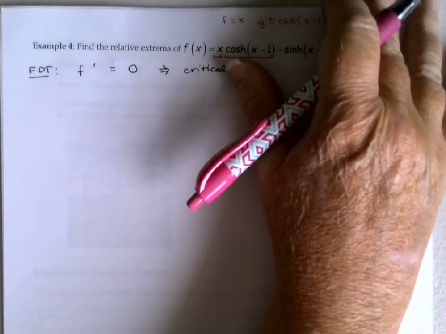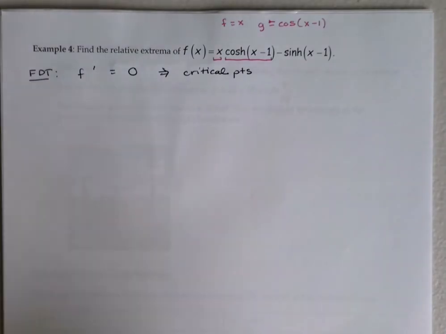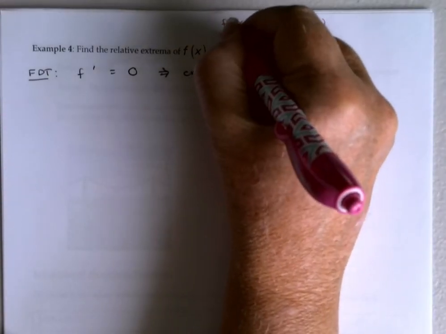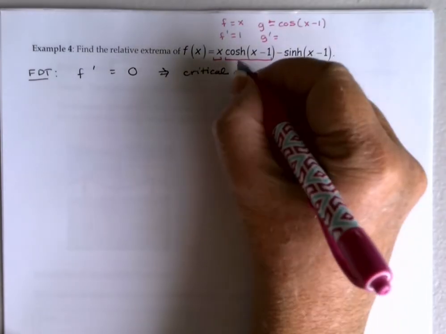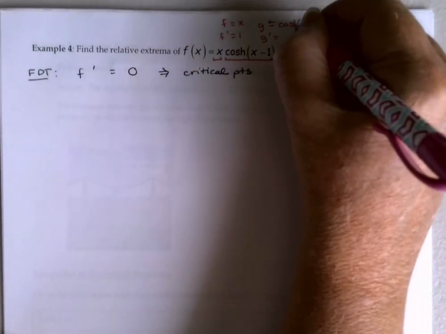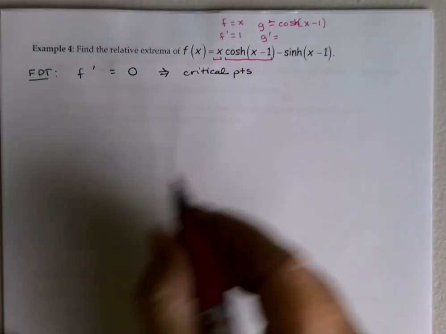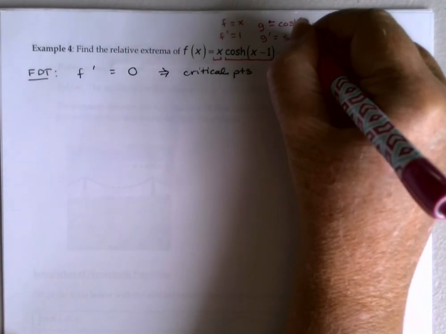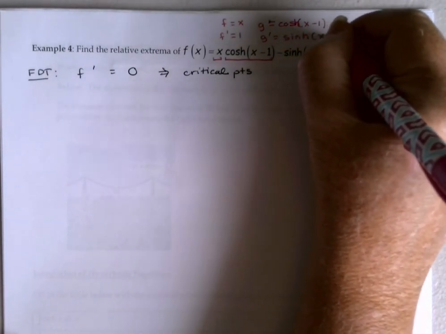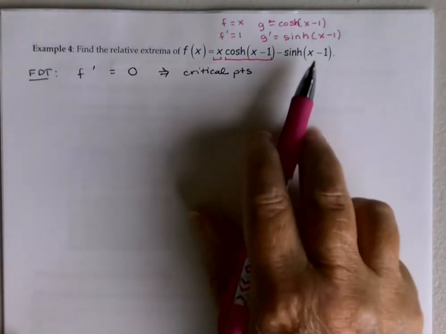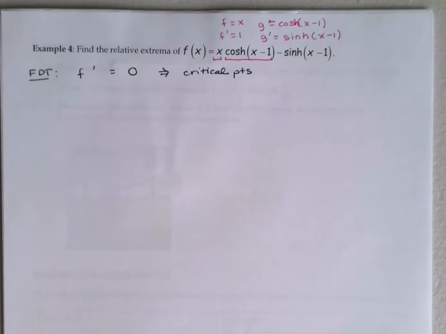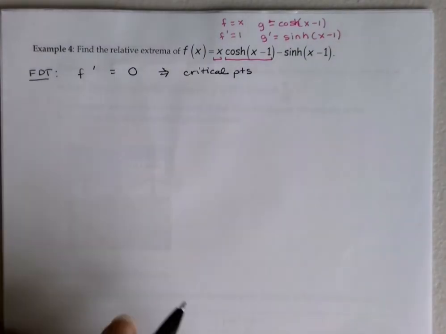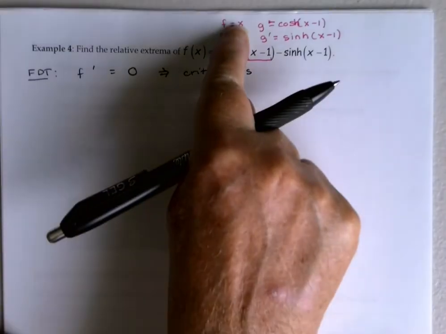Pull that down. So f prime would just be 1. And, oh my goodness, I left off the h. It's not cosine, it's hyperbolic cosine. G prime then would be hyperbolic sine(x minus 1). There is a chain rule here, but the derivative of the inner function is just 1, so I won't bother writing times 1.